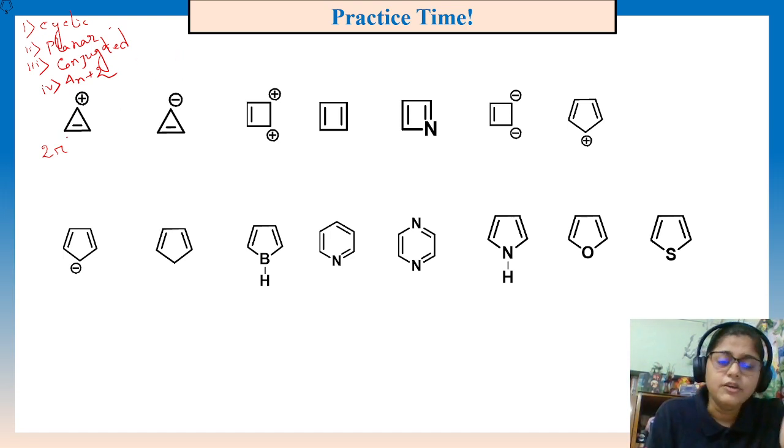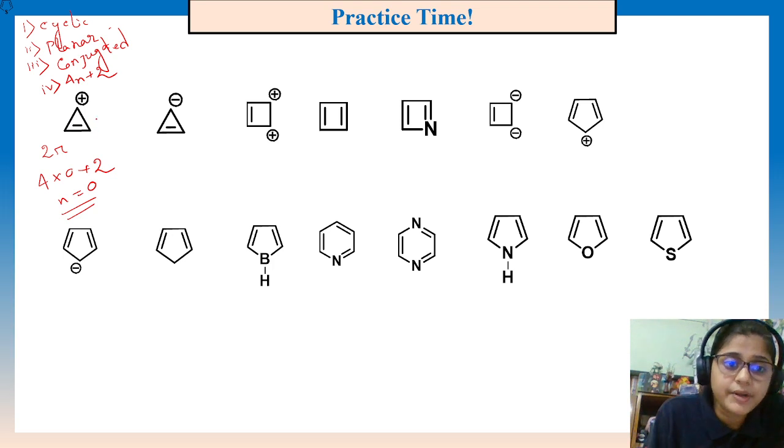Let's just practice a little bit, so you will understand it yourself. So 2 pi electrons, it is planar, obviously cyclic, conjugated, 2 pi electrons is there, so 4 into 0 plus 2, n equal to 0. Okay, so it is aromatic, obviously. So for aromatic we are writing A only.